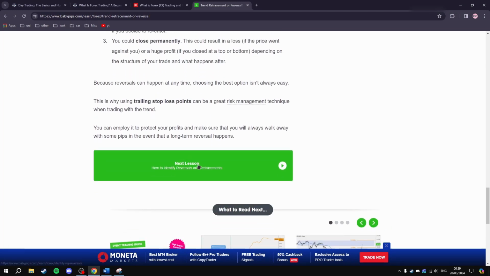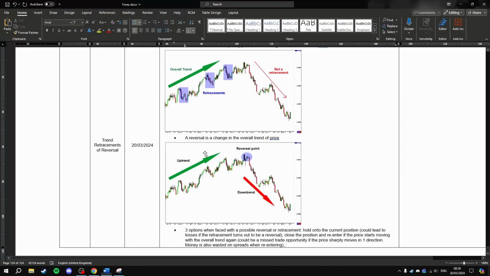Last one, you could close the position permanently.